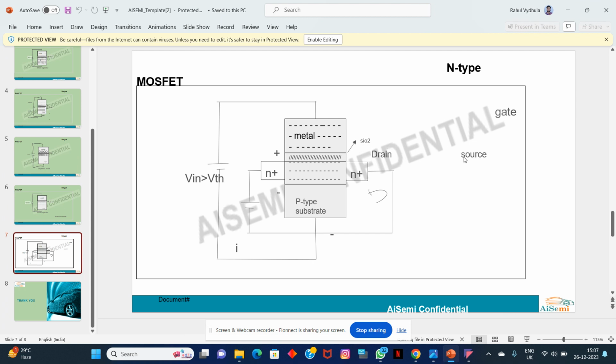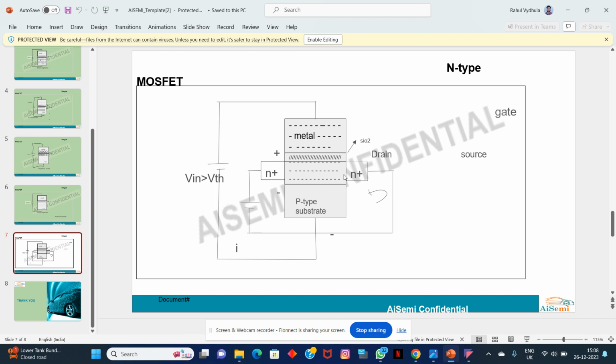Source is connected to the negative. Drain is connected to the positive. Negative voltage is going to the source terminal. Negative and negative are repelled, they repel each other.